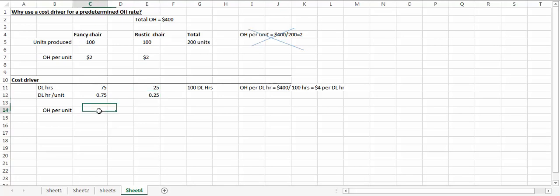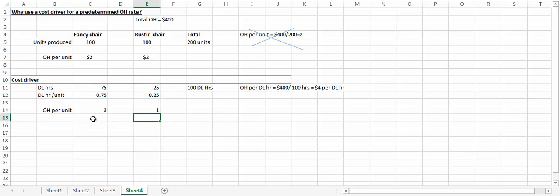So my estimate here would basically be the number of hours per chair times the overhead rate per direct labor hour. So in this case it's 4, and when I multiply that, I get $3 over here. And if I do the same for the rustic chair, the number of hours per chair times the rate of $4, I come up with $1.